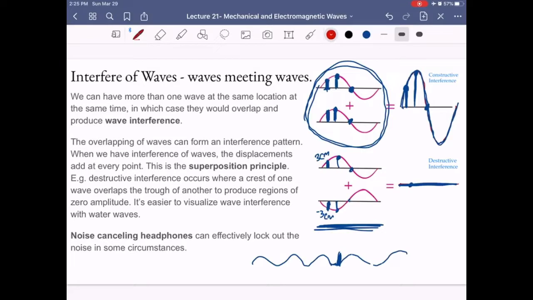Let me do it in a different color. A wave that's shifted by some amount so that it cancels the incoming wave, and eventually we get no wave. So interference of waves is what's happening here as well.